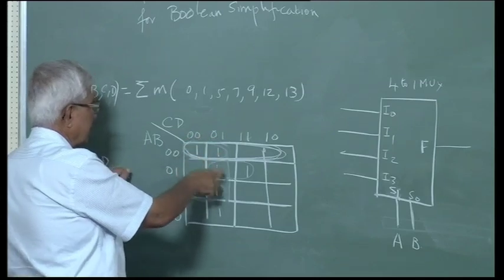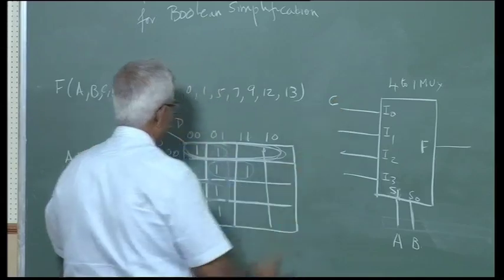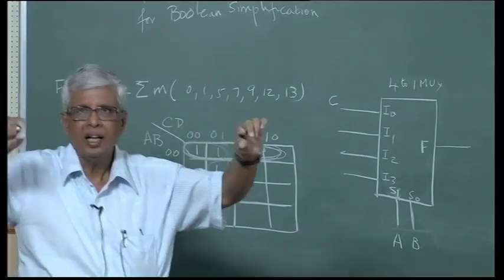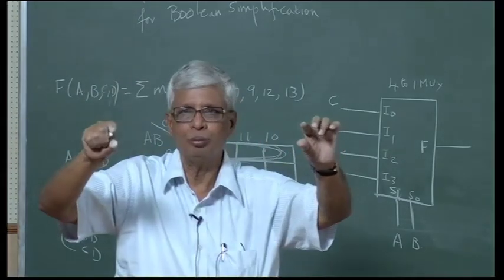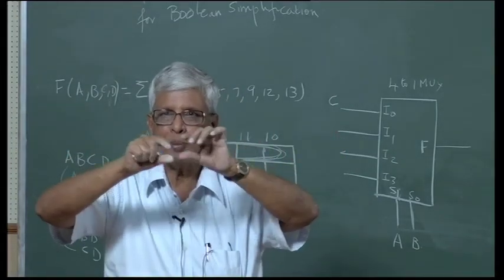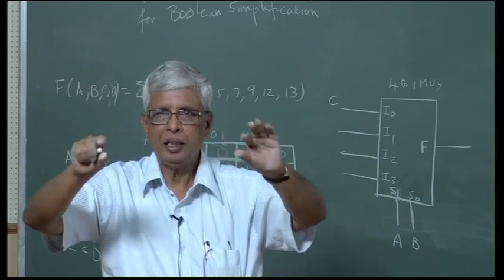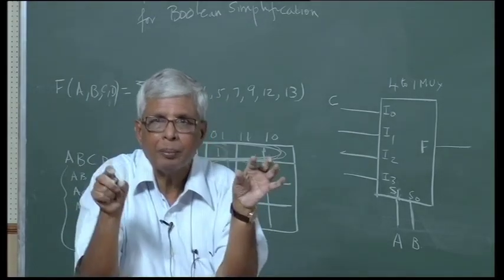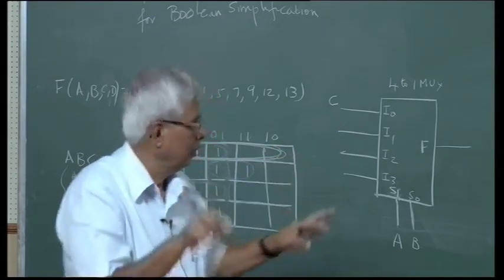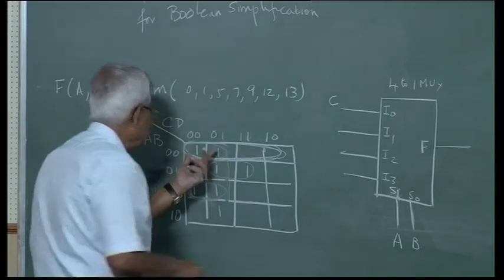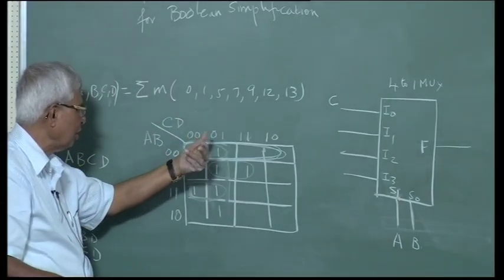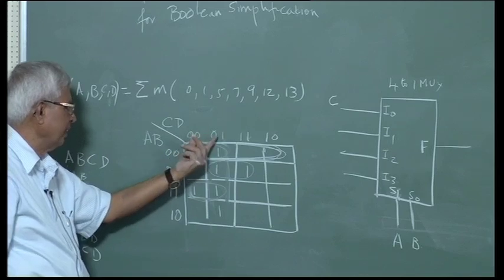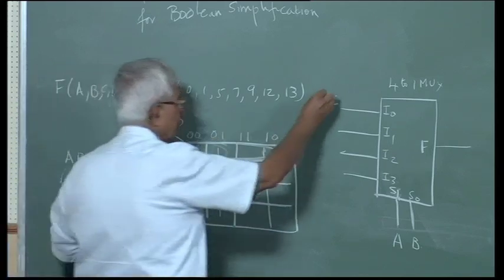I look at only one slice of the Karnaugh map now, the slice that corresponds to AB 0, 0. Please listen carefully, this is very important. Now CD is 0, 0 and 0, 1, so D goes because it is 0 and 1, and C remains as C bar.